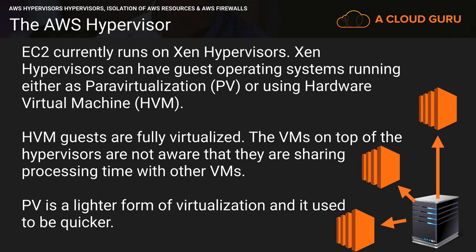So EC2 currently runs on the Xen hypervisor, and Amazon have been using Xen for years and years. However, there is a little catch. C5 instances have just been launched, and in that launch, they accidentally, I don't know if it was an accident or not, said that the C5 instances were running on KVM. That's a big shift if they're going to suddenly change hypervisors, because if you think about the number of physical machines they have all around the world, switching to a new hypervisor would be a very big project.